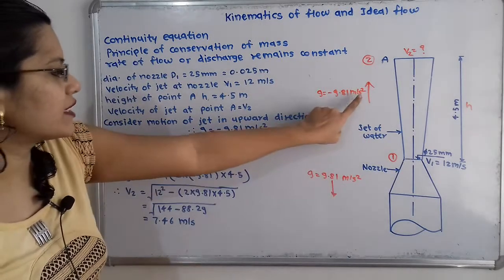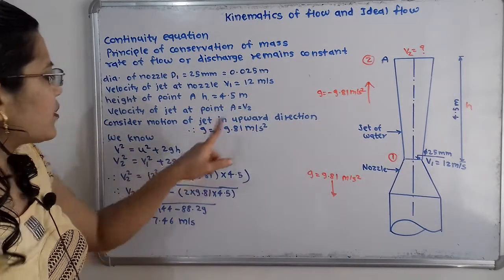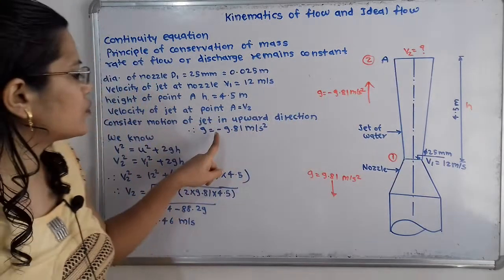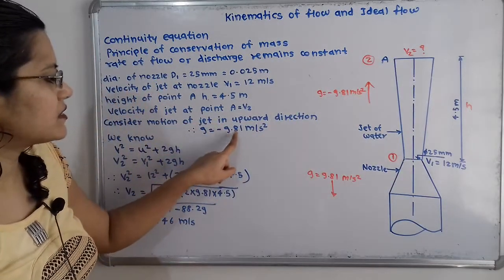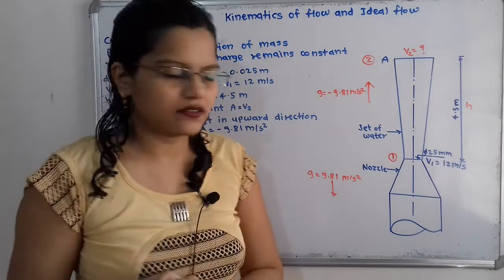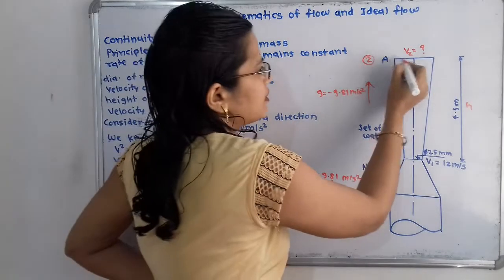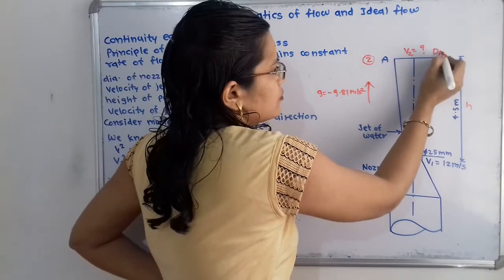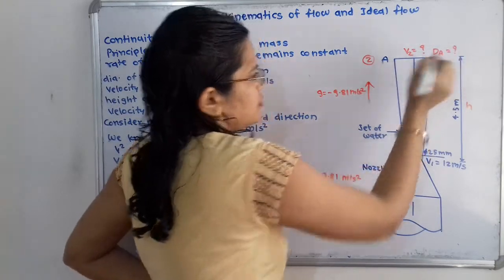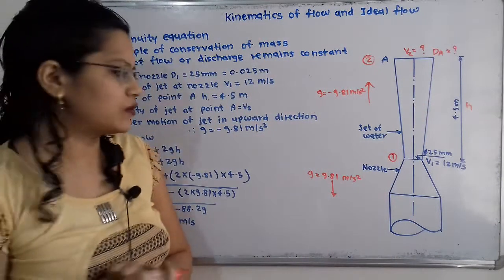So we have to take the minus sign. Because the jet is in the upward direction, we will take g equal to minus 9.81 meter per second square. And we have to find out the diameter of the jet at point A. So dA is equal to question mark, that we have to find out.